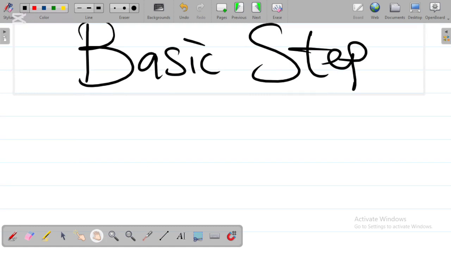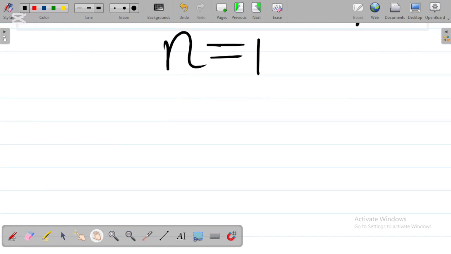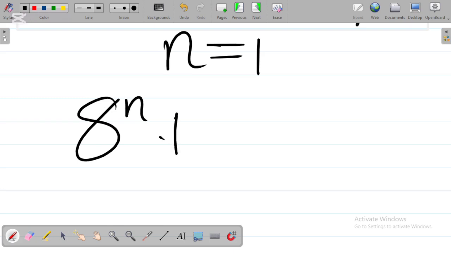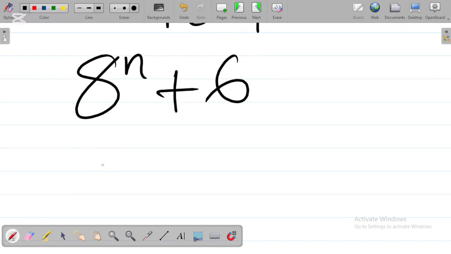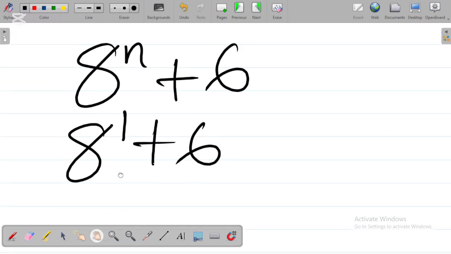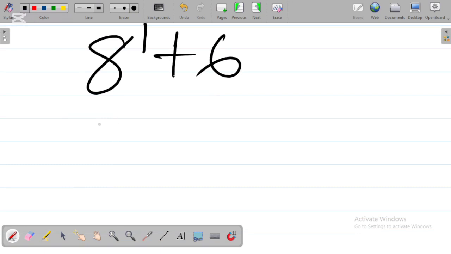For the basic step, n is equal to 1. So wherever we see n, we substitute 1. So we have 8 raised to the power 1 plus 6. 8 raised to the power 1 is 8.